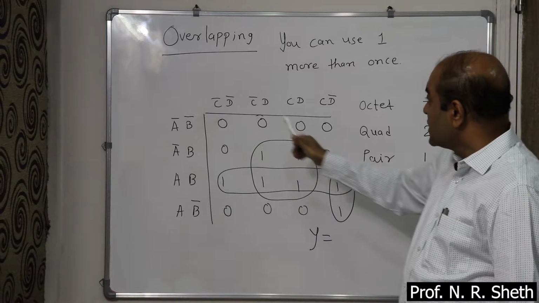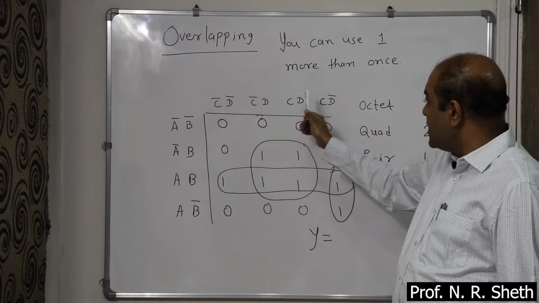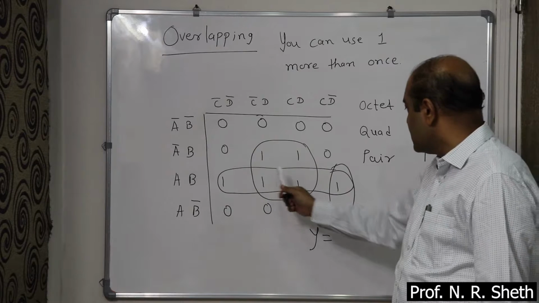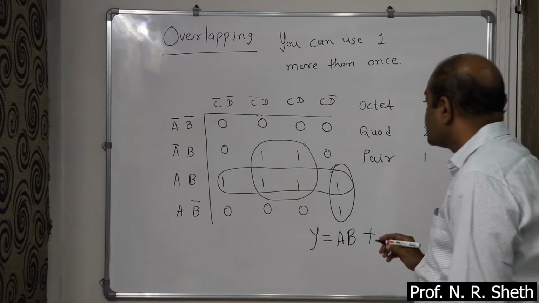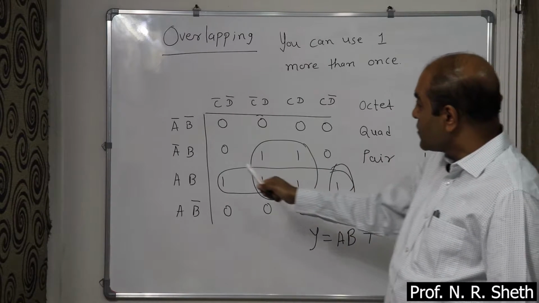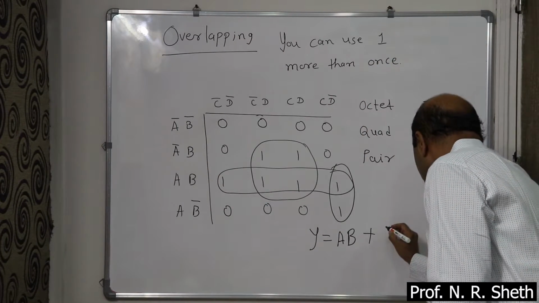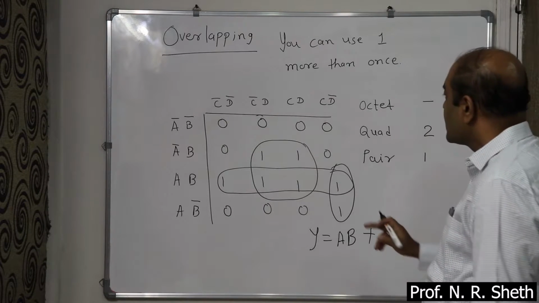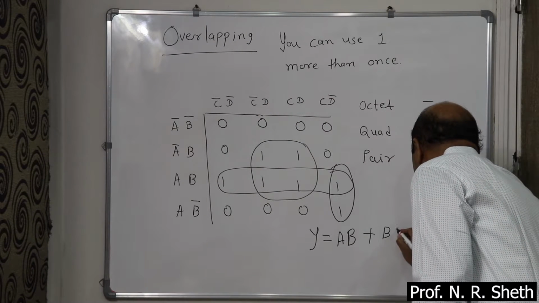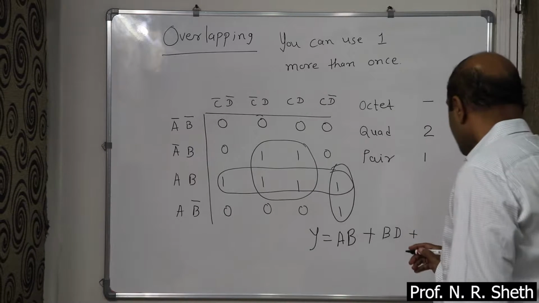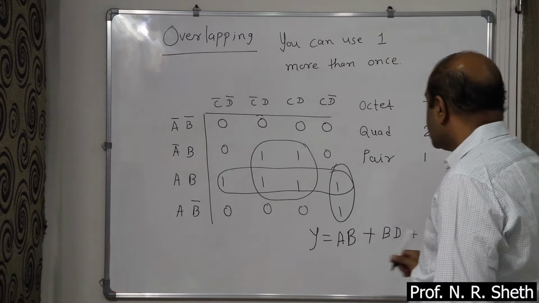For this one, C bar, C bar, C, C cancel. D bar, D, D, D bar, that also cancel. So y equals to AB. About this one, A bar cancels, B, C bar cancels, so we have D. And for this one, B bar cancels.